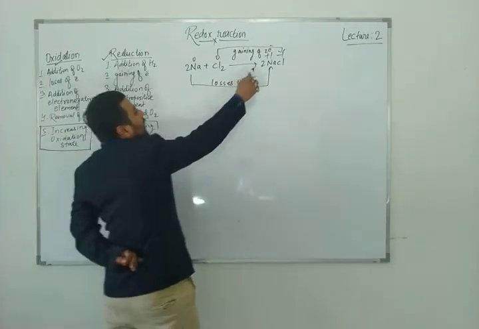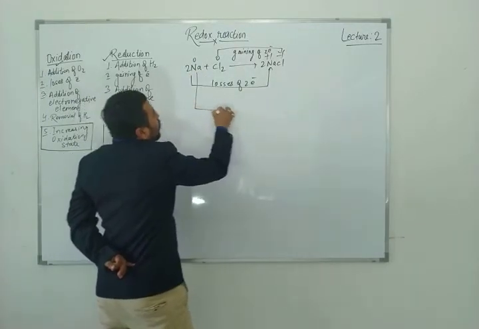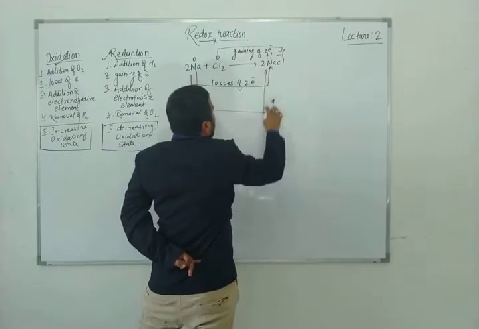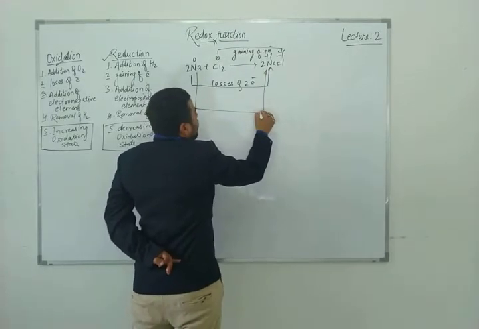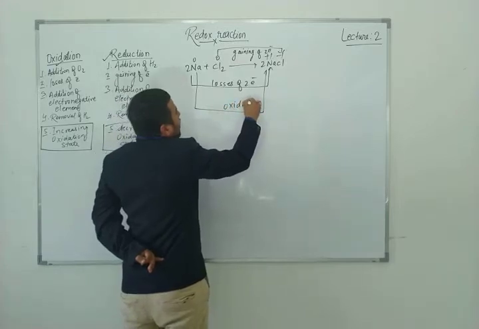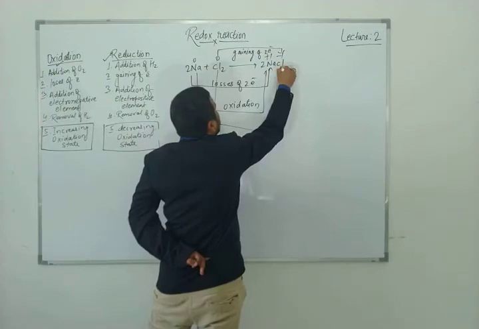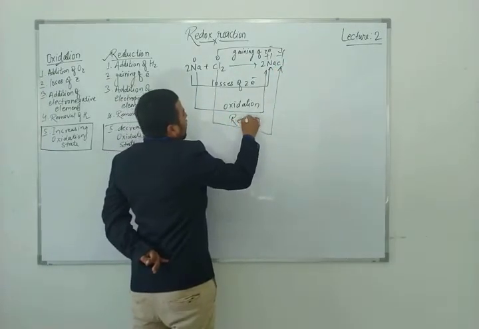Since 2 atoms are there, so +2 and this is -2. So now you can say here from 0 to +1 sodium undergoes oxidation, because the oxidation state has increased. And if I talk about 0 to -1, here the oxidation state has decreased. So this is reduction.